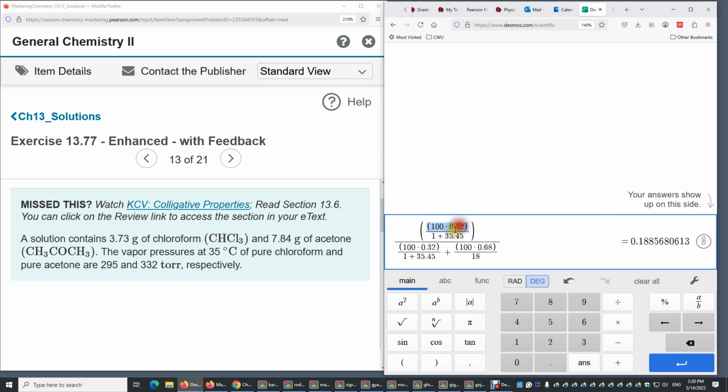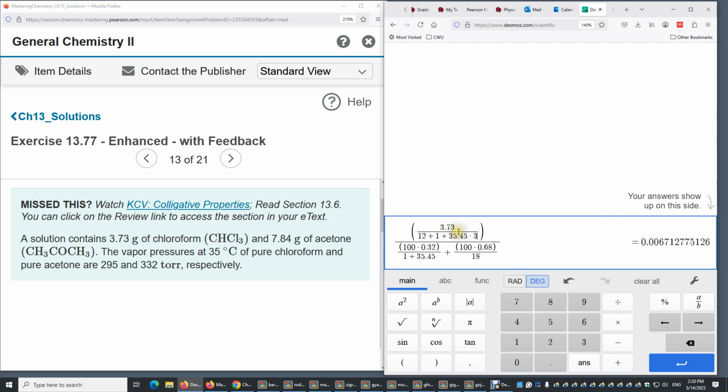We have, I'm going to reuse this expression. We have 3.73 grams of chloroform. We need to convert it to its number of moles by having the mass divided by molar mass. Carbon has a molar mass of 12, hydrogen 1. Chlorine, I'm going to use 35.45 times 3 chlorine.